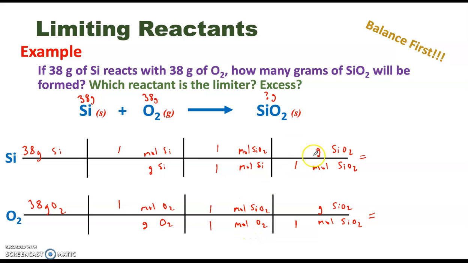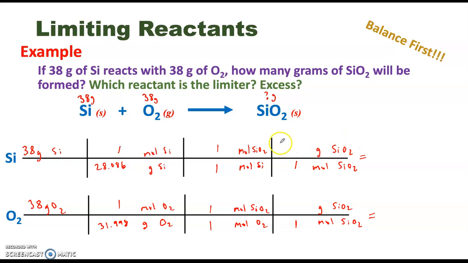And then I have to put in the molar mass of silicon, which is 28.086. O2 is 31.998. And then silicon dioxide is basically 31.998 plus 28.086.